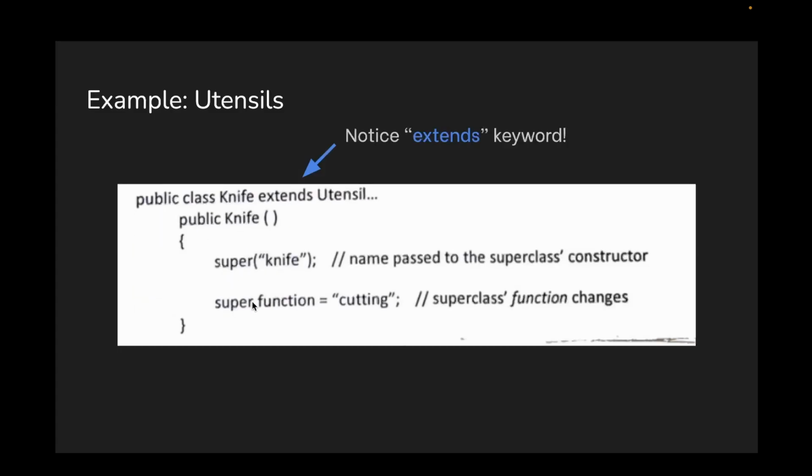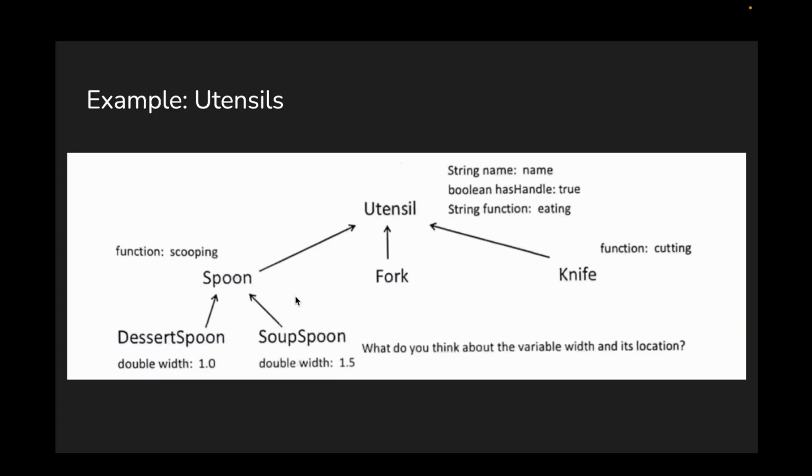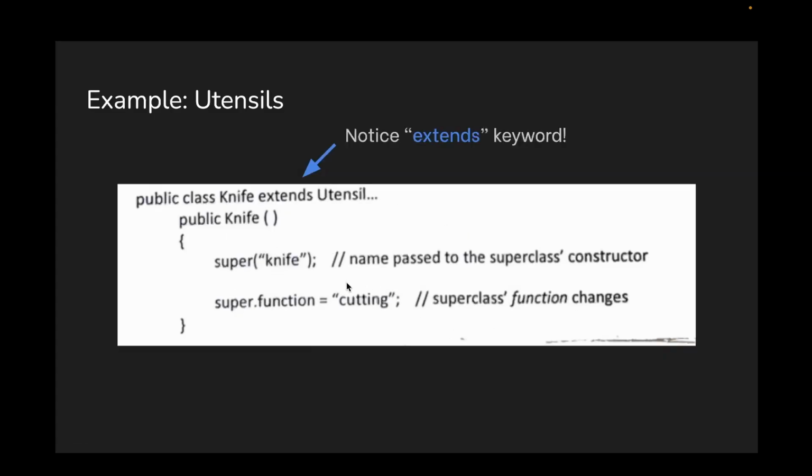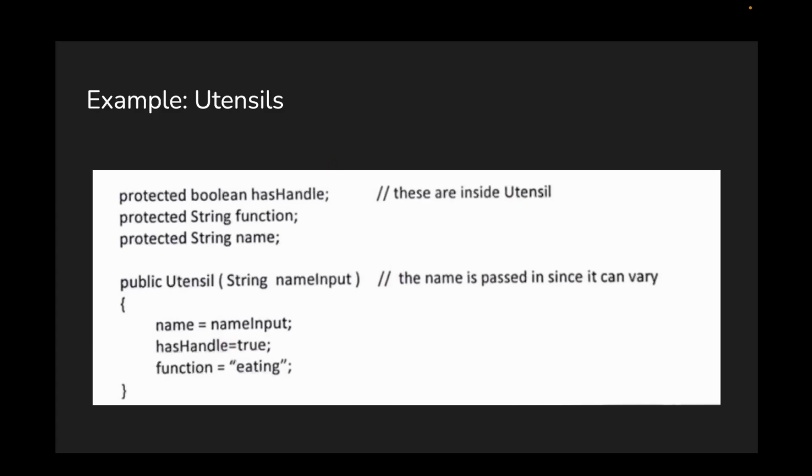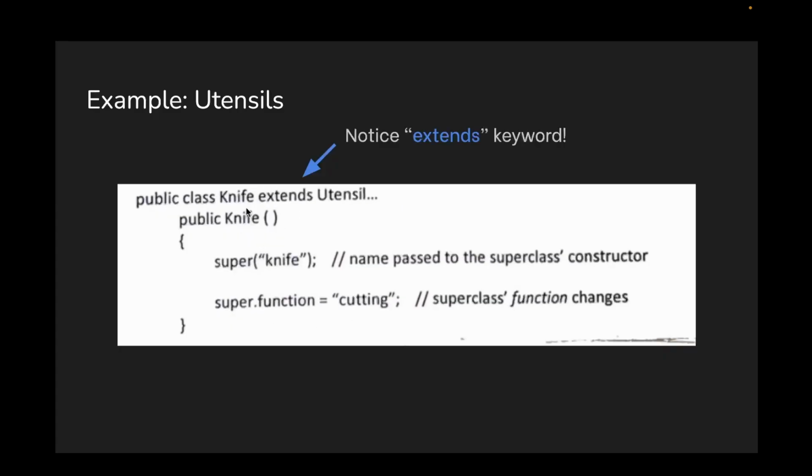But since it's protected, this means that we can initialize the value of the variable inside subclasses, inside classes that are more specific to this class. Since all of these are protected, we can directly change and get their values in these few classes that we have here. That's how we're able to say super.function equals cutting, and this is going to set the value of this function string to cutting, because the function of a knife is to cut. So that's a real world example.